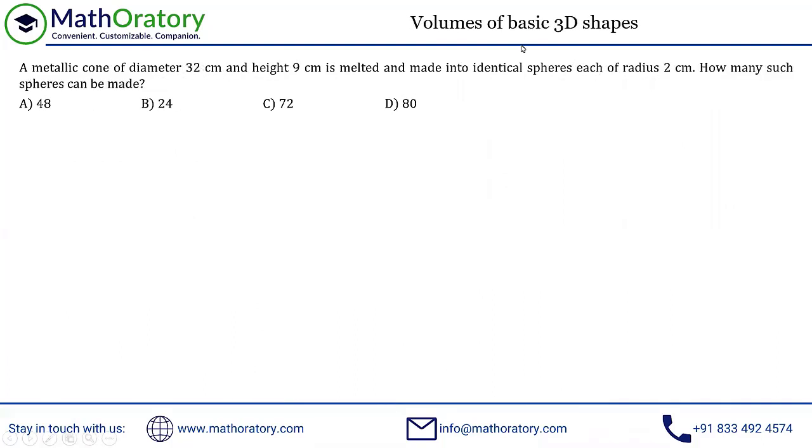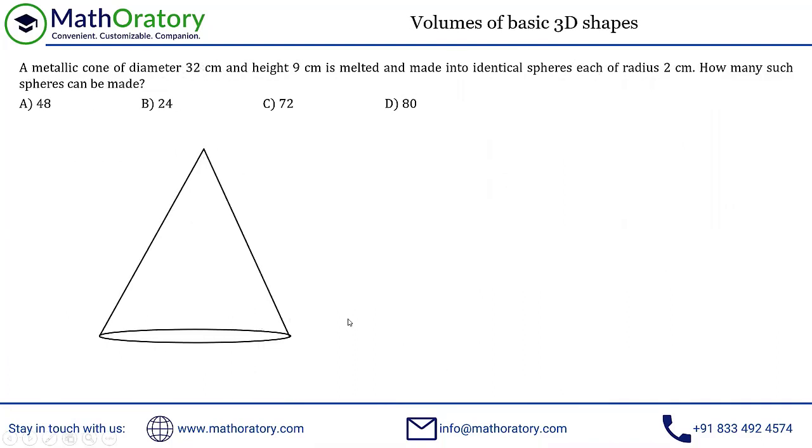This is a pretty straightforward question. You just need to know these formulas of volume. So we have this cone, just a rough figure out here, where the diameter, so when it says diameter of a cone, it basically implies the base diameter, right? So this circle has a diameter of 32, and the height is 9.